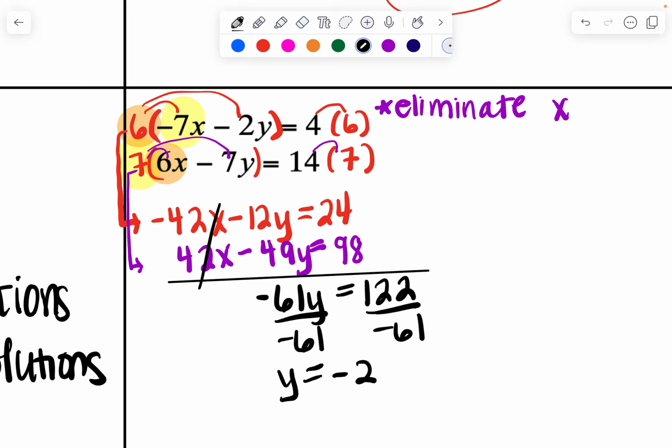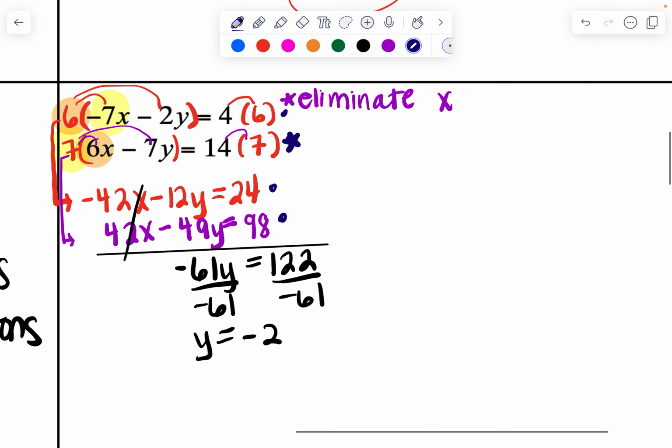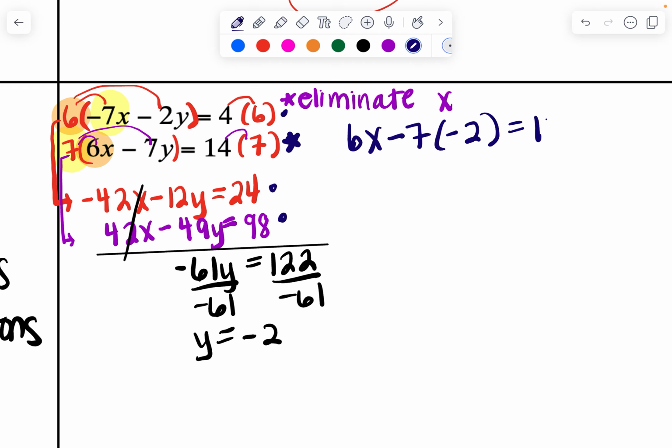Now to find x, you can really plug it in to any of these 4 equations, so either your original equation or your new equations. To me, this equation right here looks easiest just because there's less negatives. So 6x minus 7 times negative 2, because that's what y is, equals 14.